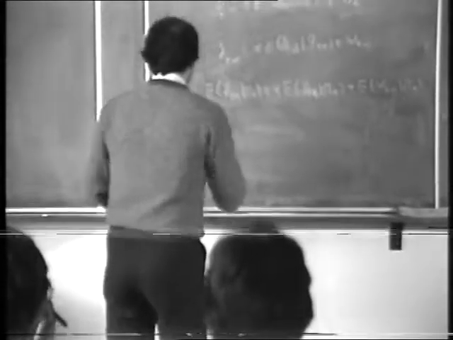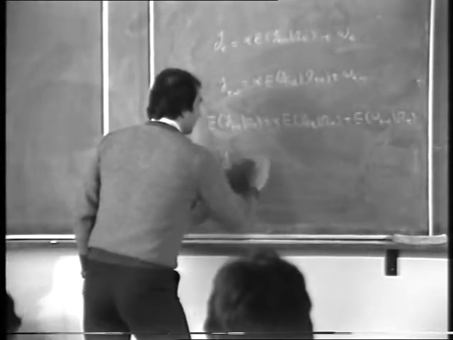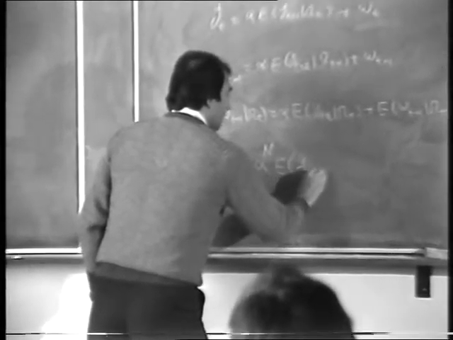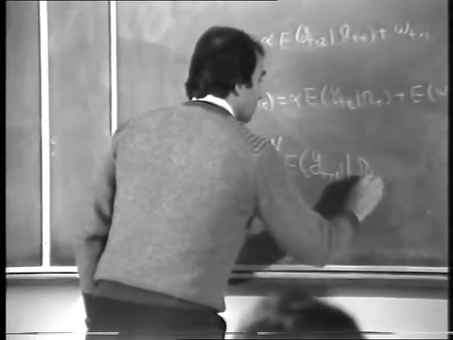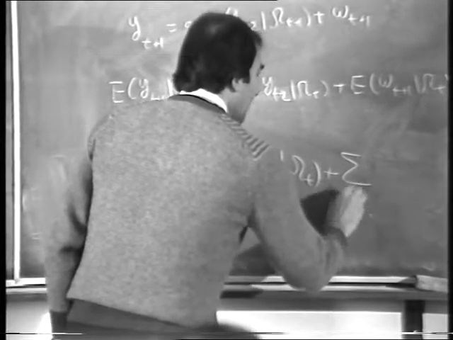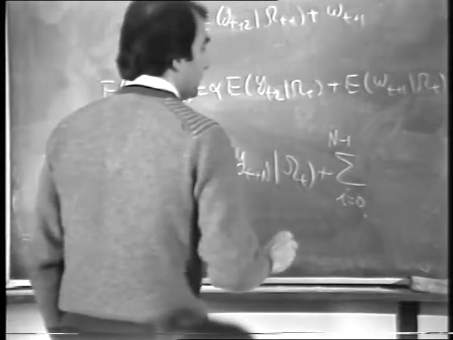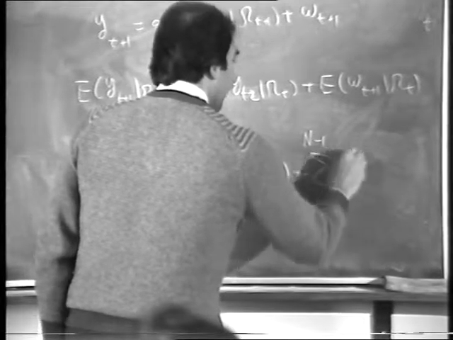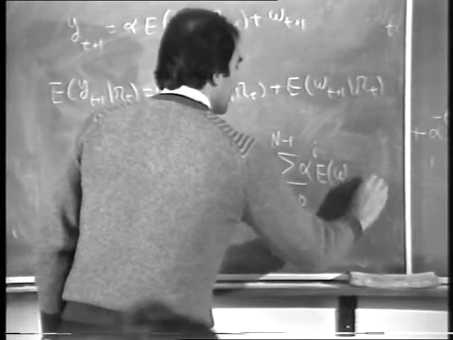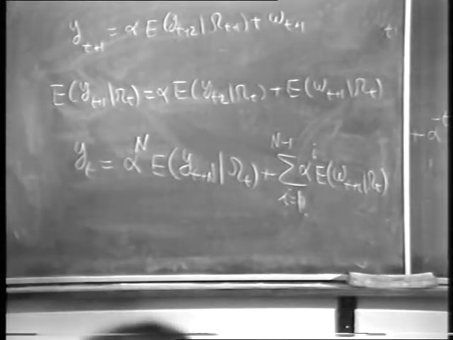My guess would be alpha to the power n times the expected value of y_{t+n} conditional on omega_t, plus the sum over i from 0 to n minus 1 of alpha^i times the expected value of w_{t+i} given omega_t. In fact, it has to be i from 1. I think that's right.